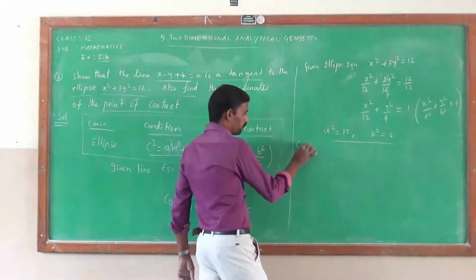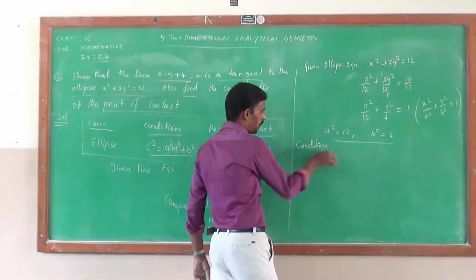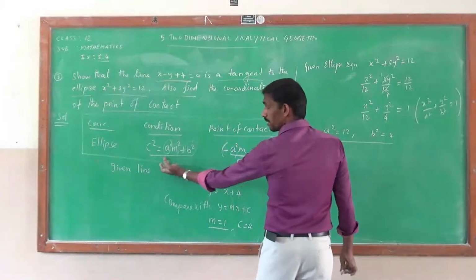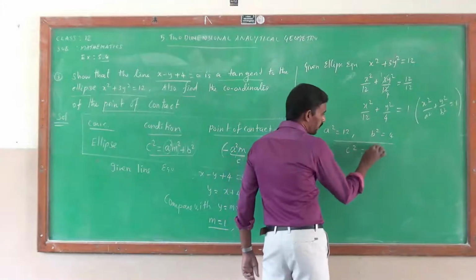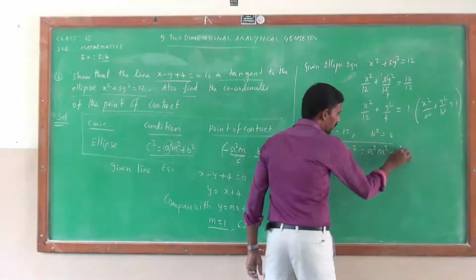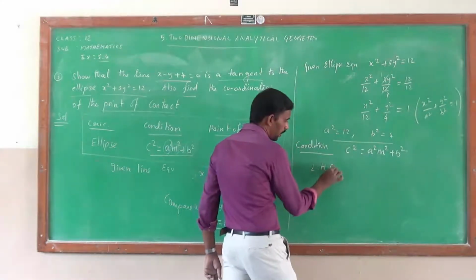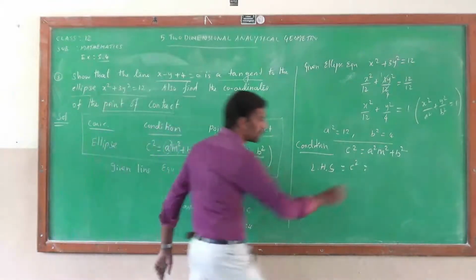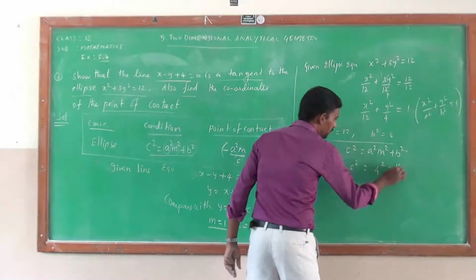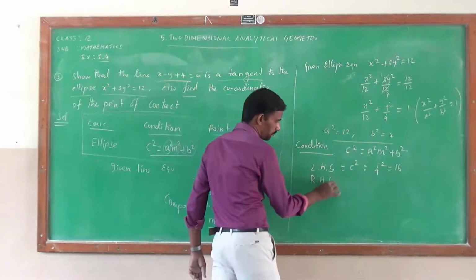Now condition. What is the condition? c square is equal to a square m square plus b square. Now LHS. LHS is equal to c square. What is the value of c? 4. So 4 square, which is equal to 16. Now RHS.